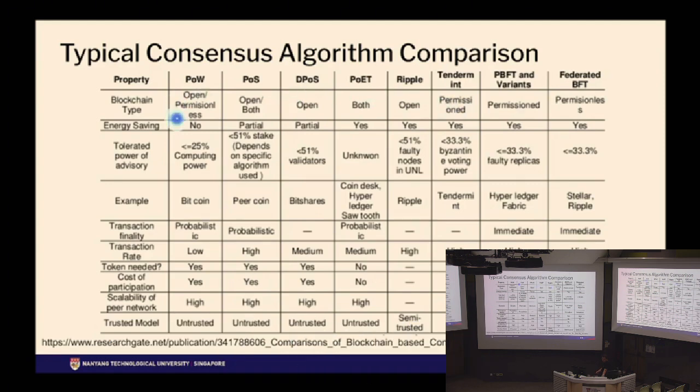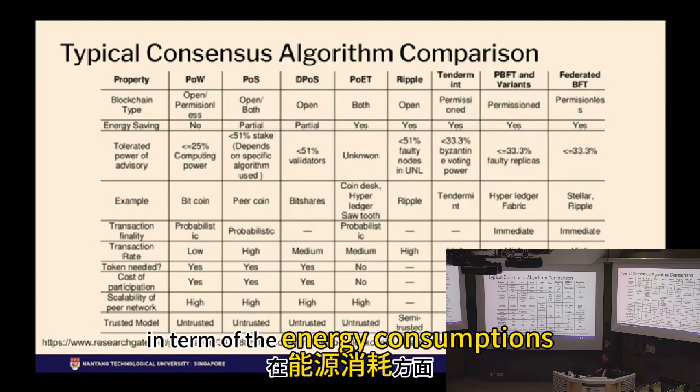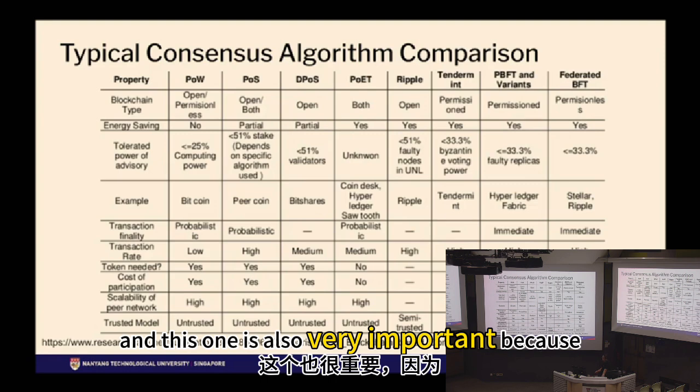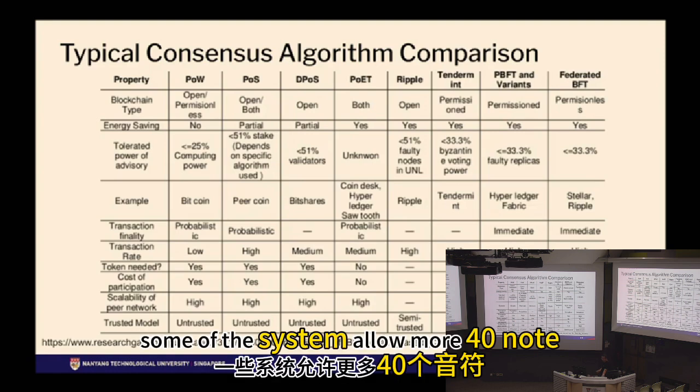Also, different consensus algorithms have different results in terms of energy consumption. And this one is also very important, because some systems allow more faulty nodes.